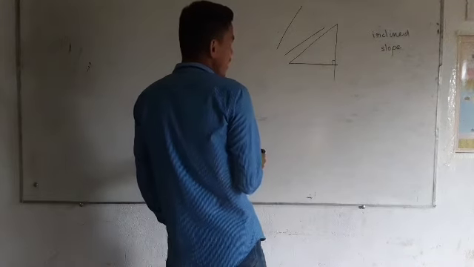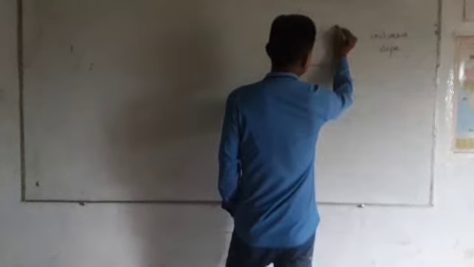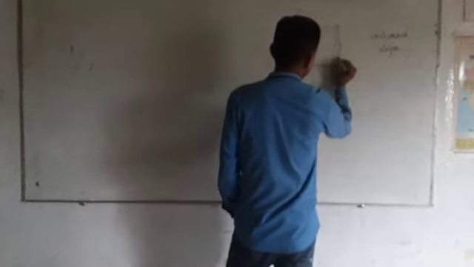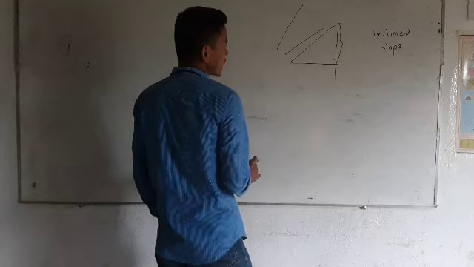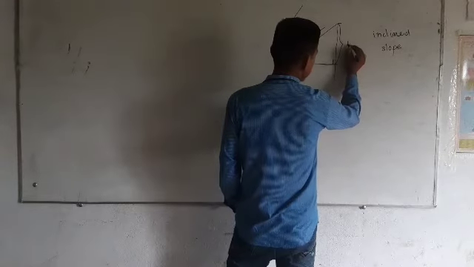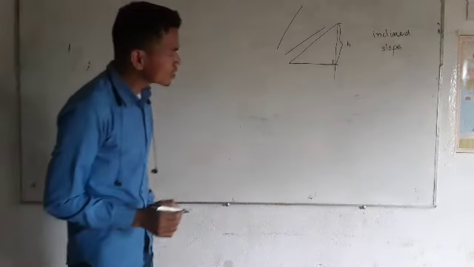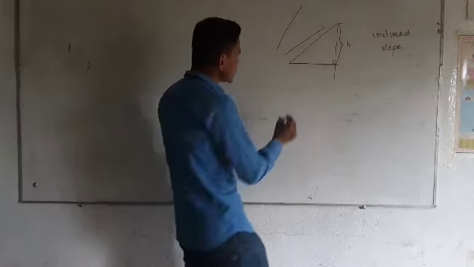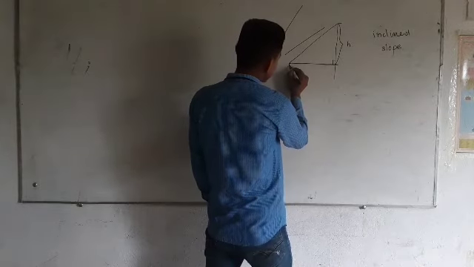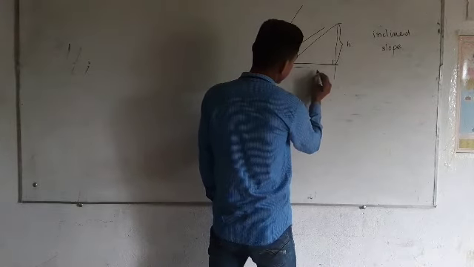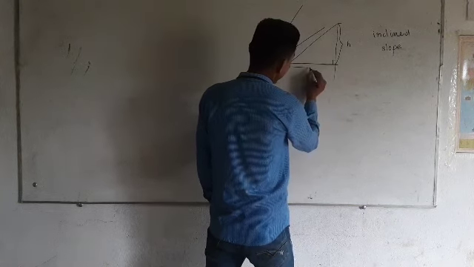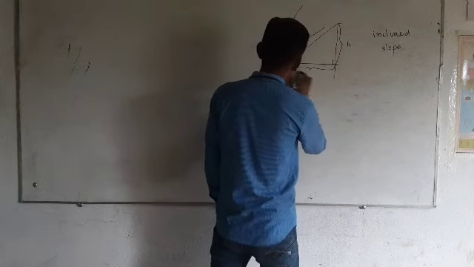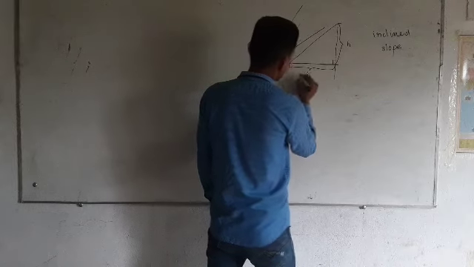I measure the length of this end from this intersecting point, and I denote it by height. And then I measure the length of this intersecting point from this lower end, and I represent it by b.